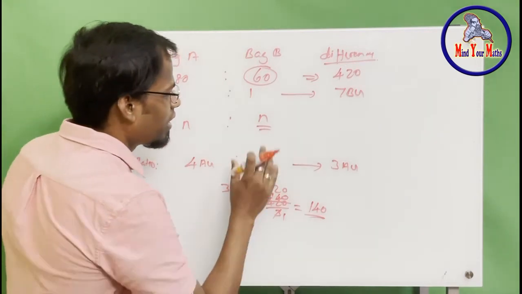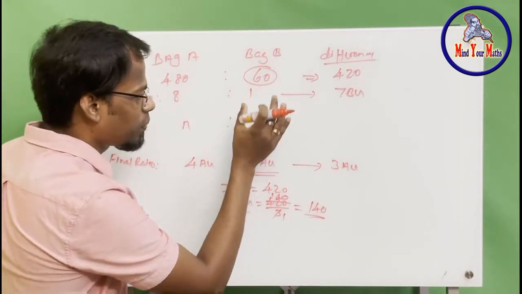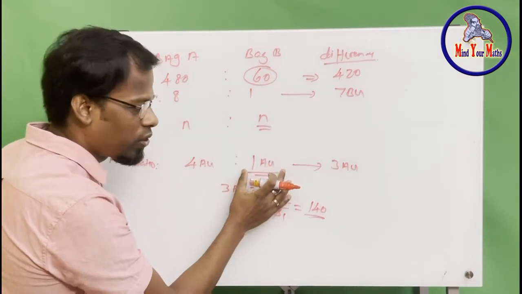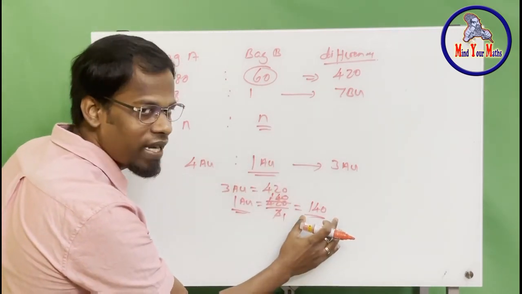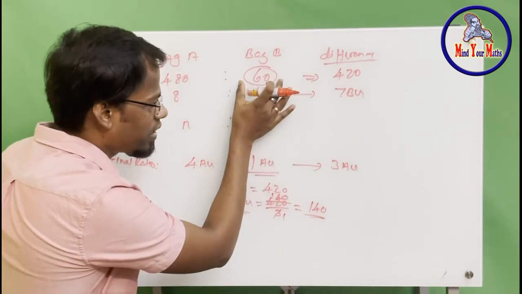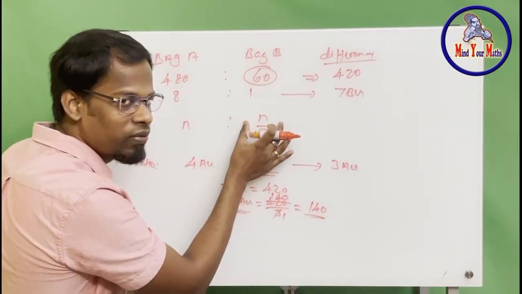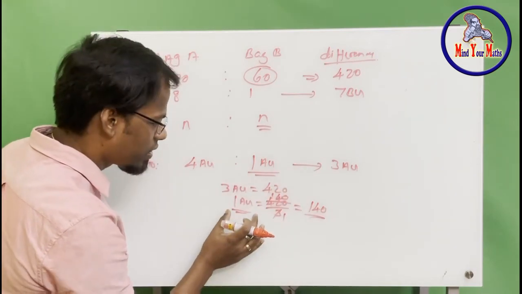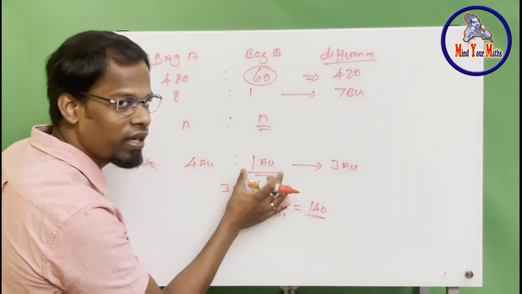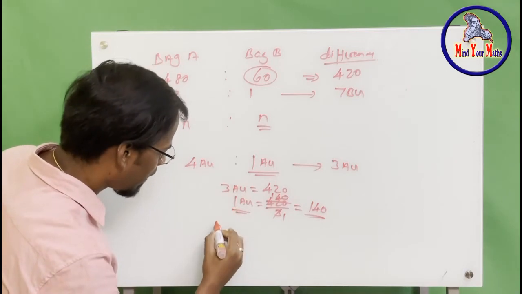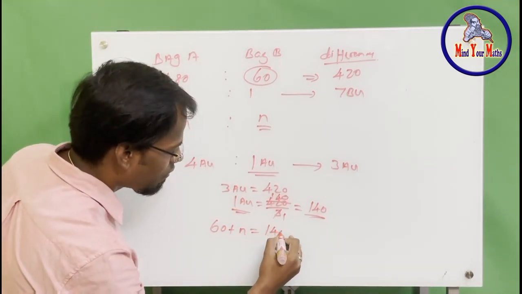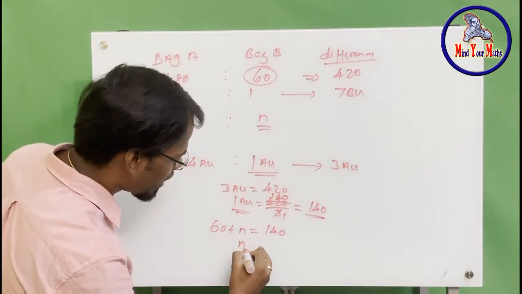Now it says 60 plus n equals this one after unit, which is 140. The 60 plus n marbles equals 140, because 1 after unit is 140. So 60 plus n equals 140. Now what is n?